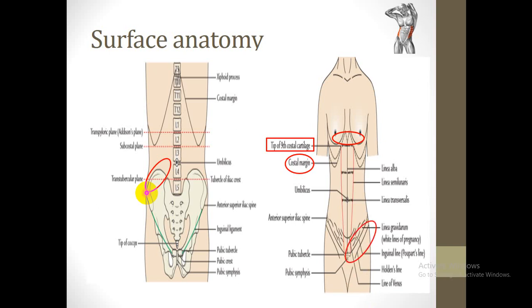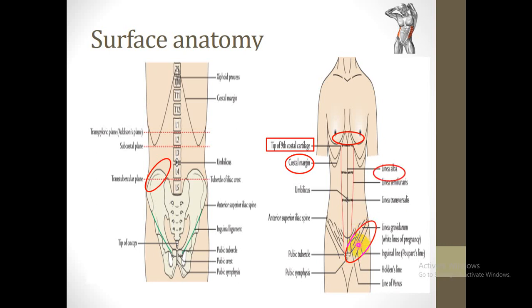We start with the groove of the groin, which descends from the anterior superior iliac spine to the pubic tubercle and represents the skin that covers the inguinal ligament.